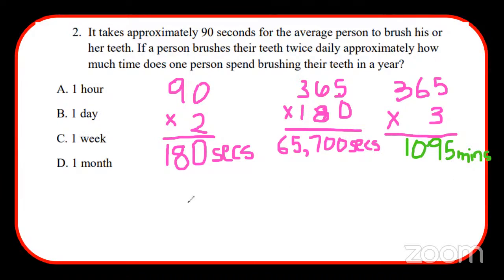So we know that 60 minutes make 1 hour. So pretty much we will be dividing the number of minutes we have by the number of minutes in an hour. And so we'll have 1,095 divided by 60. Let me see what you guys come up with.